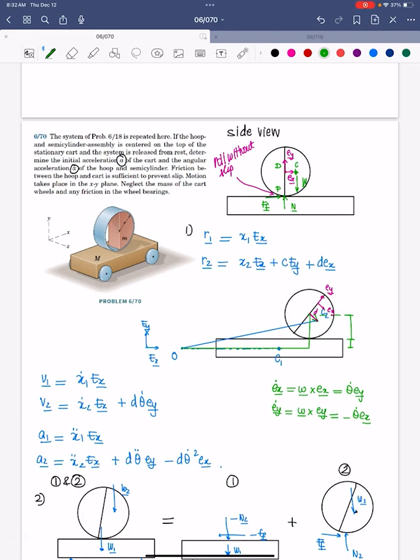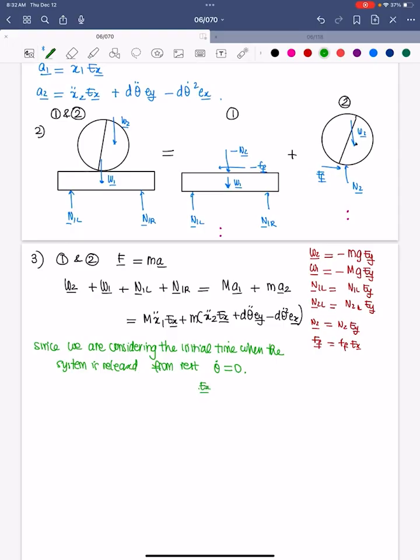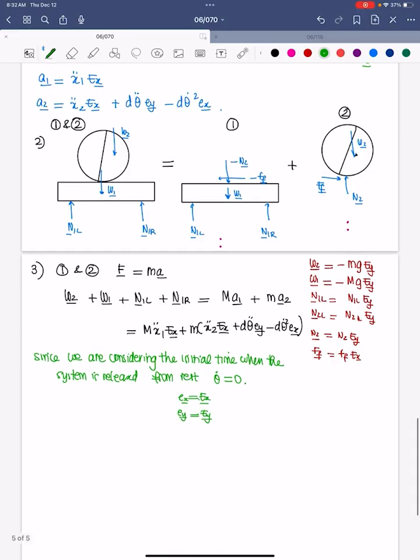As small Ex and big Ex are the same, and Ey is equal to big Ey. So then in this equation, this term cancels out.